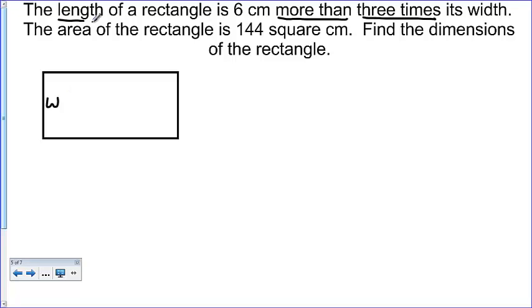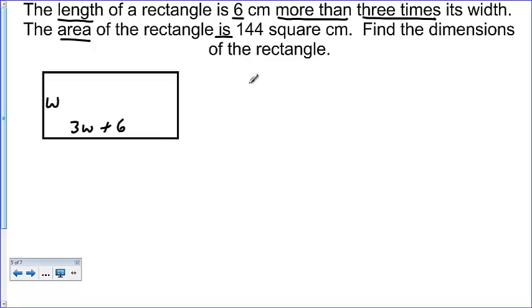And the length, it says, is 6 more than 3 times its width. The length will be the expression 3W plus 6. So now, the area of a rectangle is the length times its width, and it is 144 square centimeters.